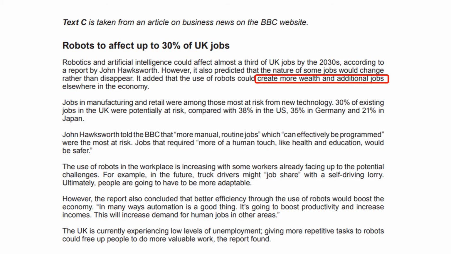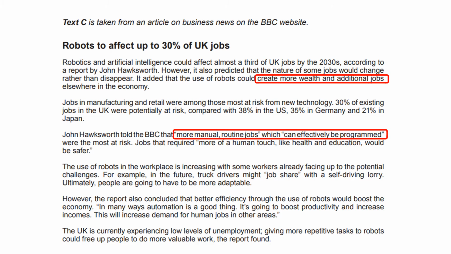John Hawksworth told the BBC that more manual routine jobs, which can effectively be programmed, were the most at risk. Jobs that required more of a human touch, like health and education, would be safer. Here, it tells us that robots can be used to replace more manual, routine jobs. Now, whilst that's not stated explicitly, it can be inferred that that's what robots can do.